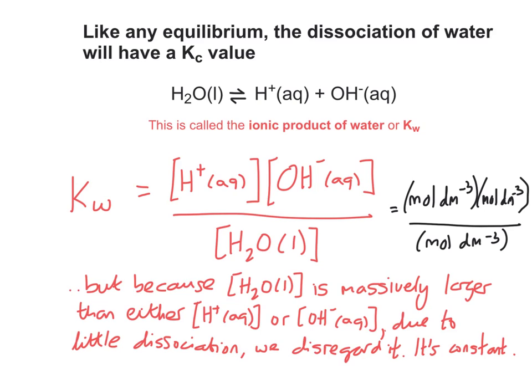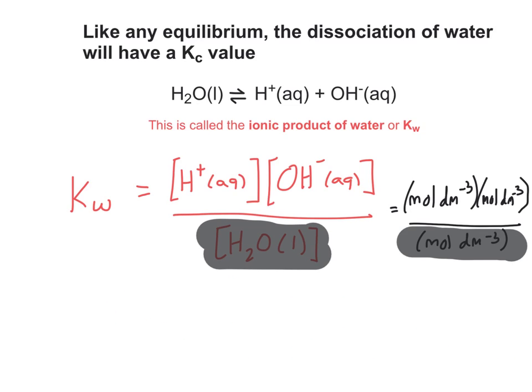It doesn't actually make a difference to the H2O concentration, what happens to the other two. So we effectively regard Kw as the product of the concentration of hydrogen ions and the concentration of hydroxide ions.